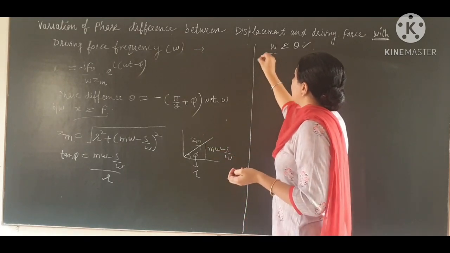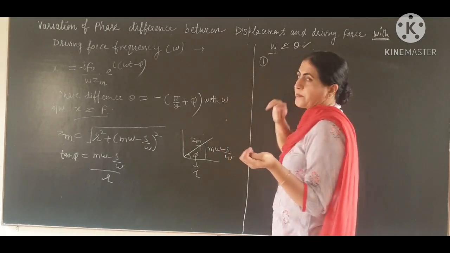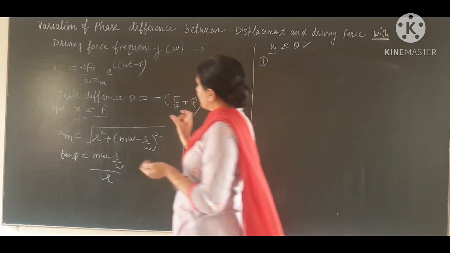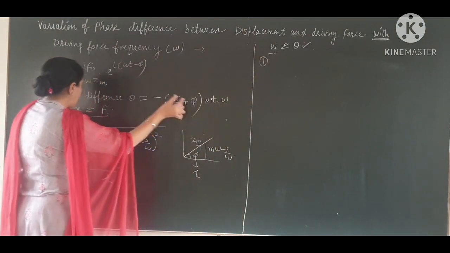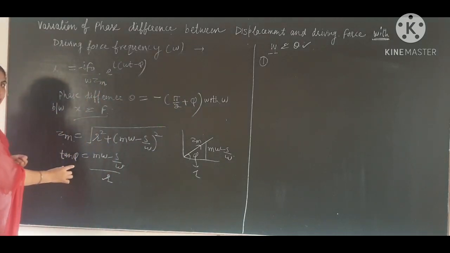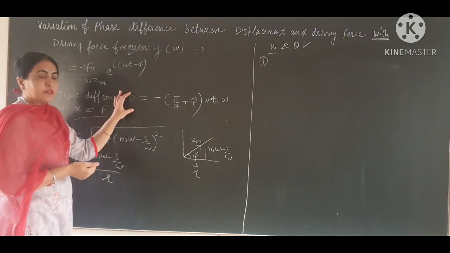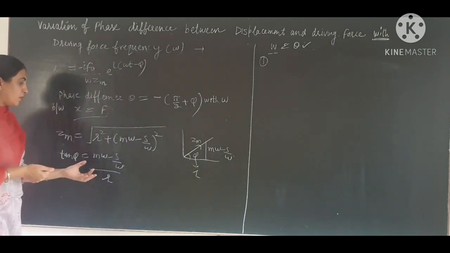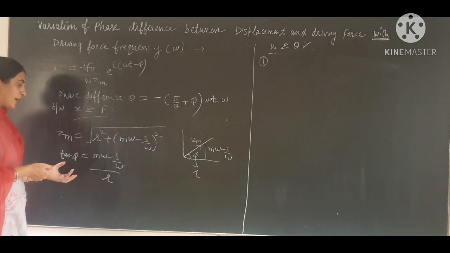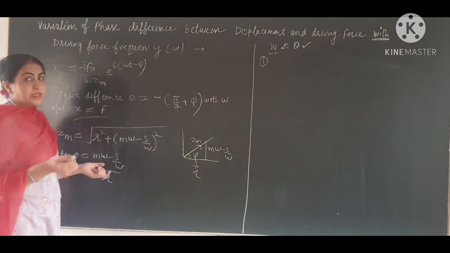First take the minimum value of omega, then the maximum value, then in between, and then find theta. To find theta, we must know phi. To know phi, we must know tan phi. To find tan phi, we must know omega, which is given to us.